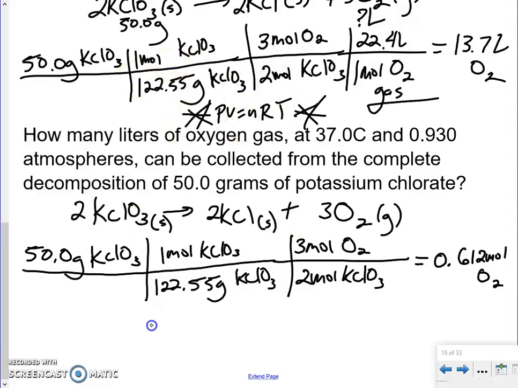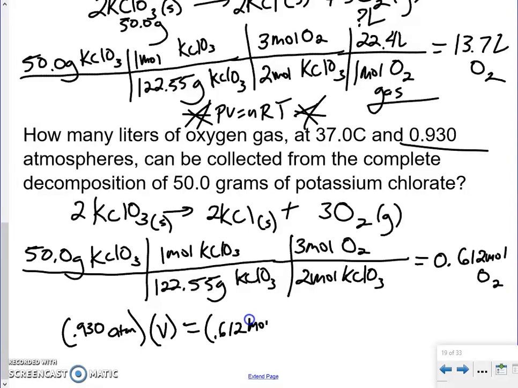We plug it into PV equals nRT, where P is 0.930 atm, V is what we're trying to find, n is 0.612 moles, which is what we just calculated, and R is 0.0821, and remember we do have multiple R constants. I'm using this one because I'm in atm, liters, moles, Kelvin, meaning these are the units I have to be in for this R constant to work.